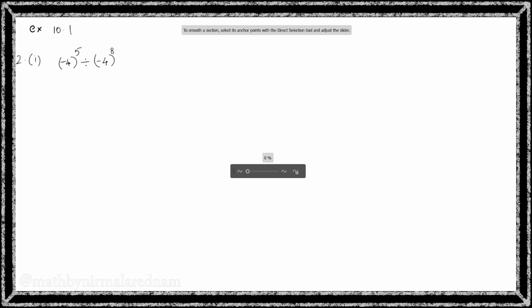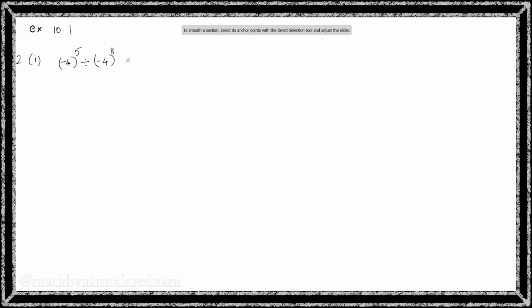Second question, the first one, they are talking about minus 4 power 5 divided by minus 4 power 8, right?